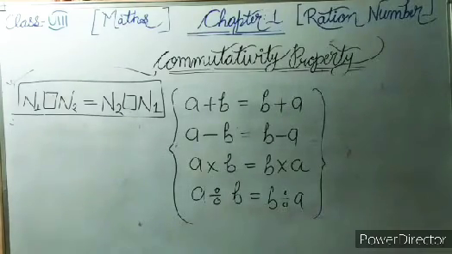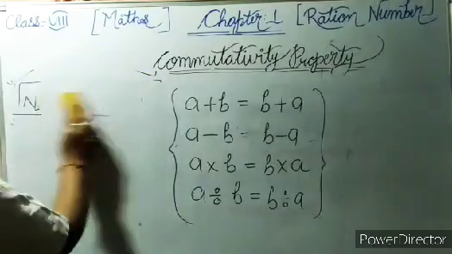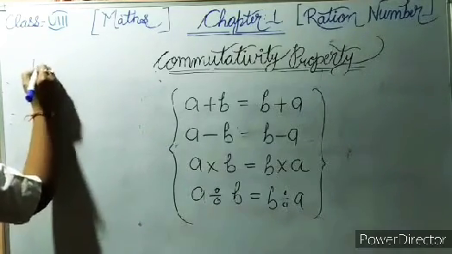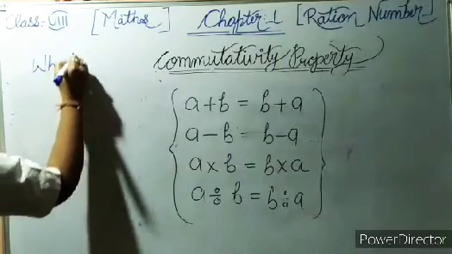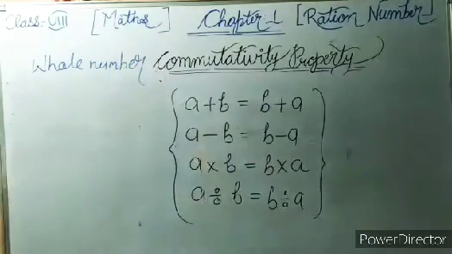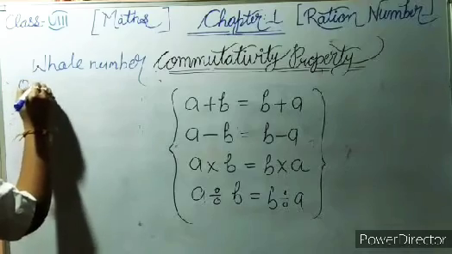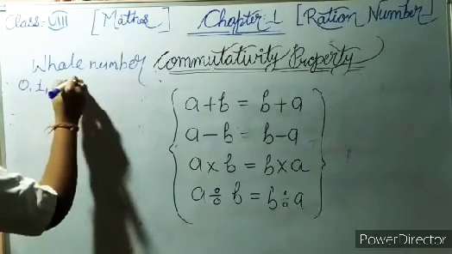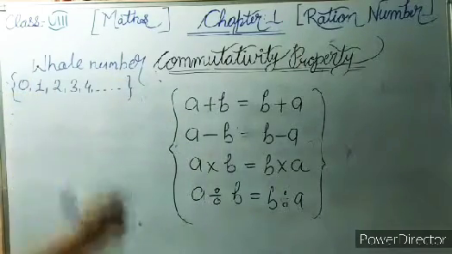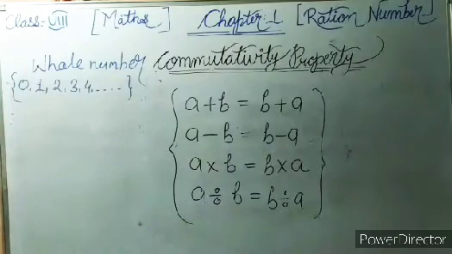So you see here, first of all, we will check this for whole numbers. Whole numbers start with 0 because our smallest whole number is 0. This is a whole number.